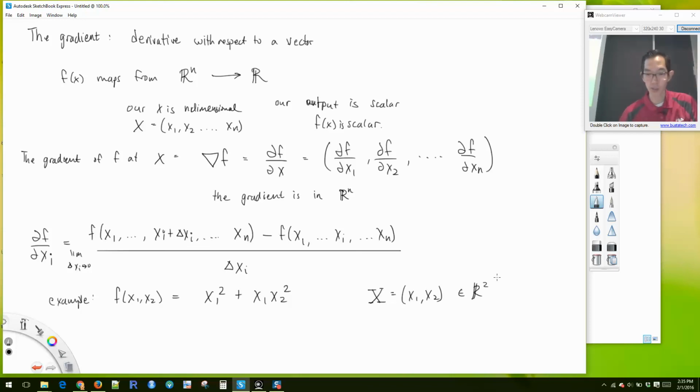We can ask, what is the gradient of f, and what is the gradient of f at 1, 1?